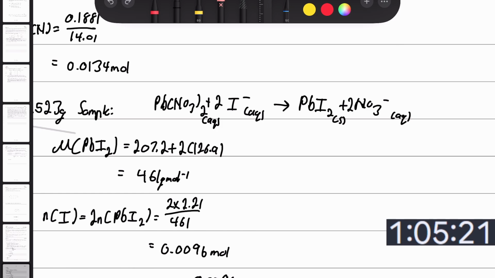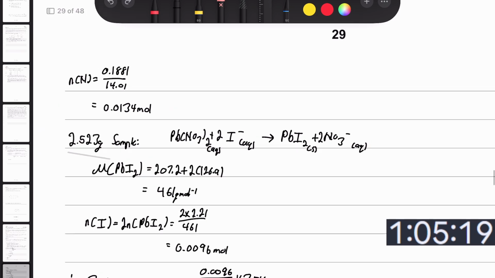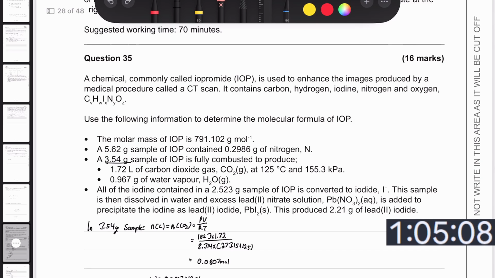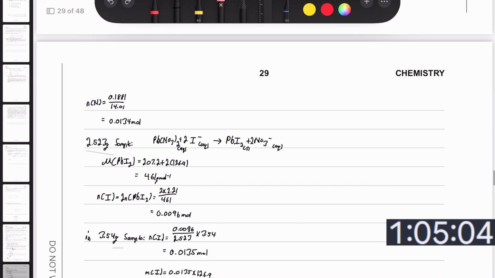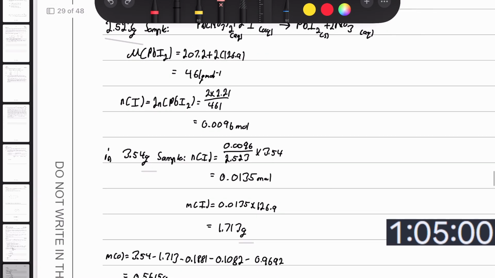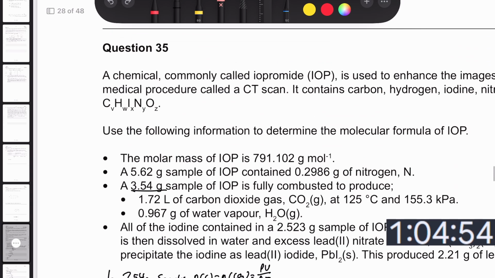It's going to be equal to 2 of that, so 207.2 plus 2 times 126.9, it's 461, and it produces 2.21 times 2 divided by my answer, 0.0096 moles. 0.0096 divided by 2.523.